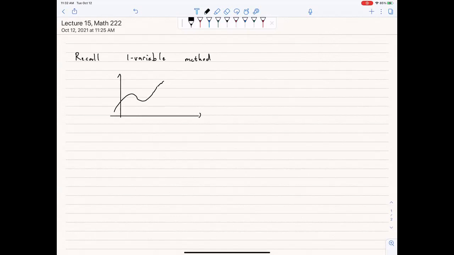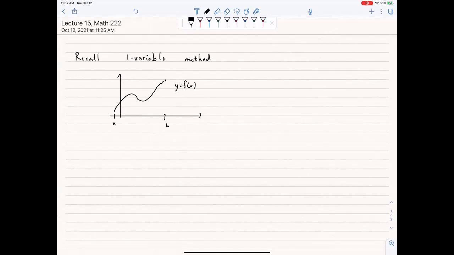In this picture, we have 4 possible kinds of values. Let's say this is an interval AB, and this is the graph of y equaling f of x.